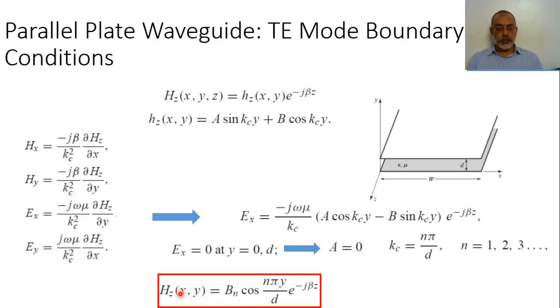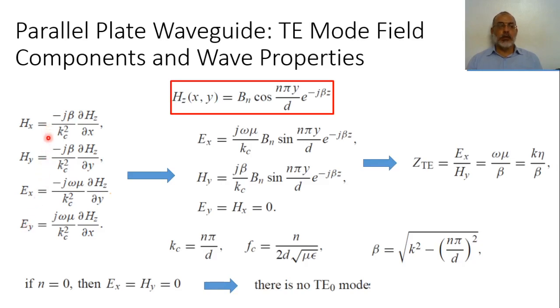From Hz, we can determine Hx, Hy, Ex, Ey. So by applying the field components for the transverse electric components and using this value of Hz, we can obtain Ex as minus j omega mu over Kc squared times partial Hz by partial y.